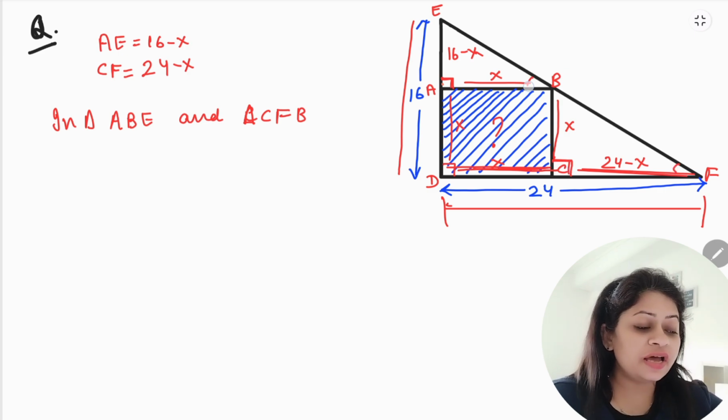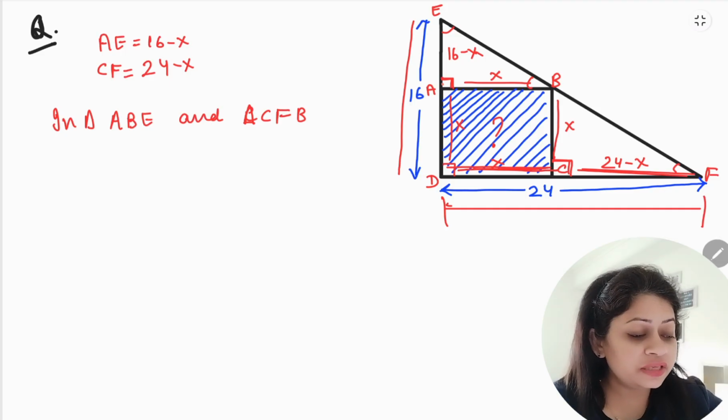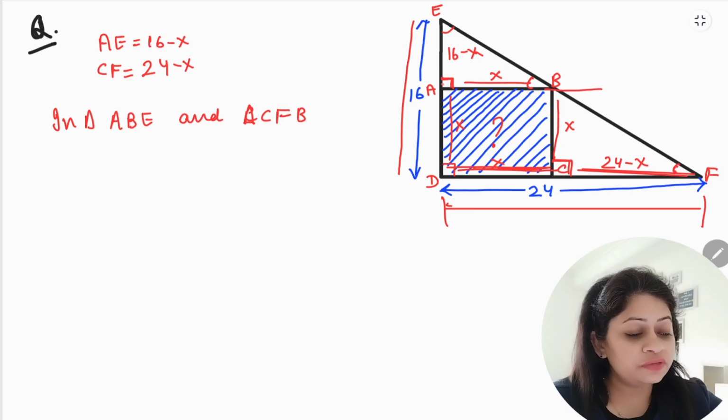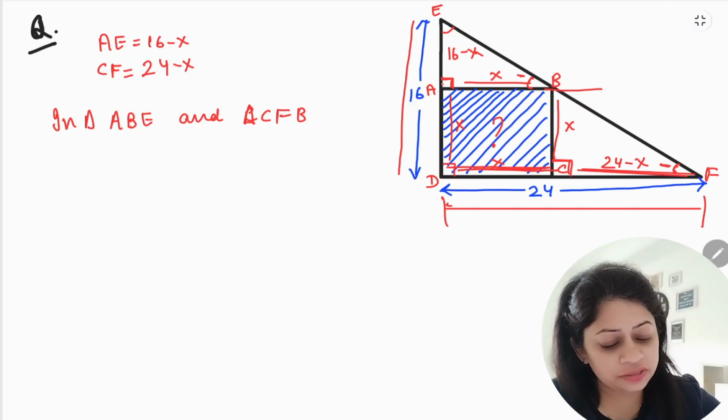That means all the angles are same. Why are these angles same? Since these are two parallel lines and this is transversal, so these are corresponding angles, right? So these angles will also be equal, right? Okay, so now I know that all the angles are same, so these two triangles are what? These two triangles are similar.